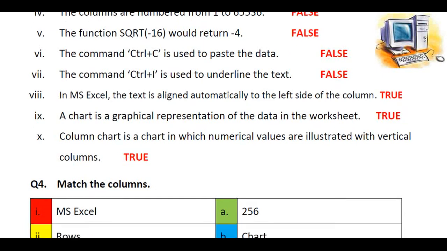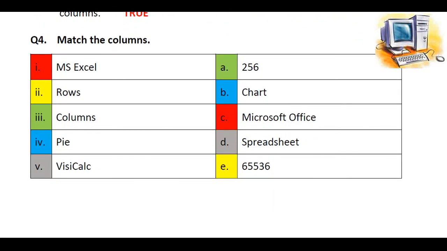The last question of this exercise is match the columns. So here you can see the first option is MS Excel, so we'll match it with Microsoft Office, because Microsoft Excel belongs to the Microsoft Office package.